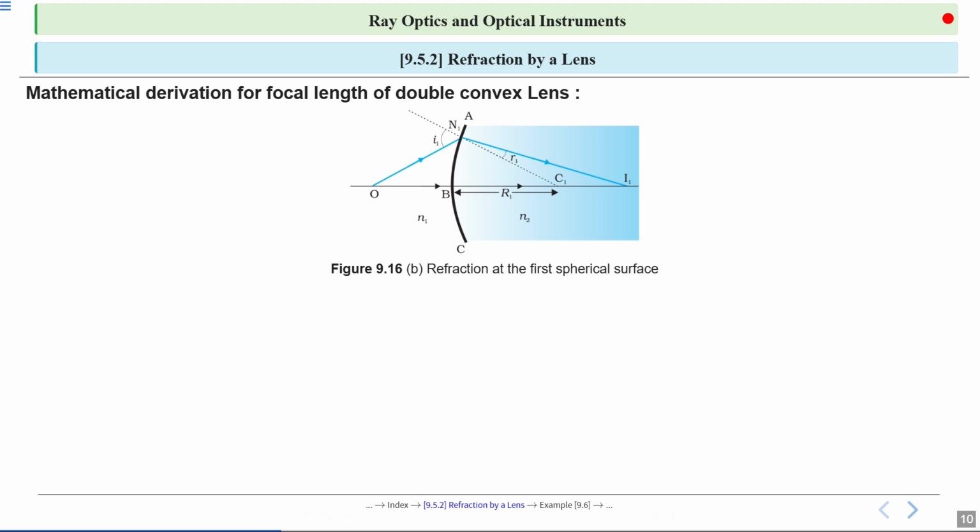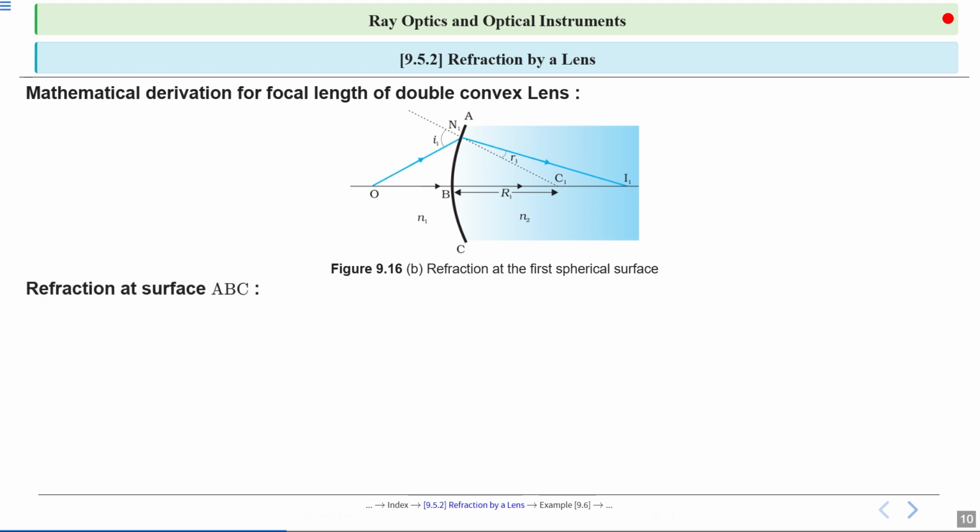That normal will pass through the center of curvature C1, the center of curvature of refracting surface ABC. n2 is the refractive index of the lens medium, so it is denser; we assume that in this problem. So the light ray will bend towards the normal, and the refracted ray will meet at point I1. That I1 point is the temporary image of the object O.